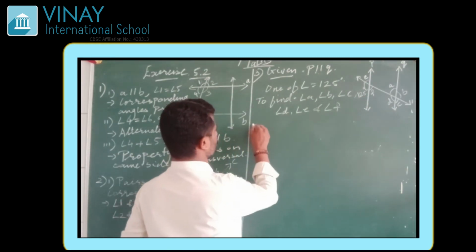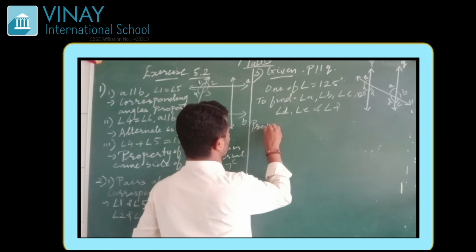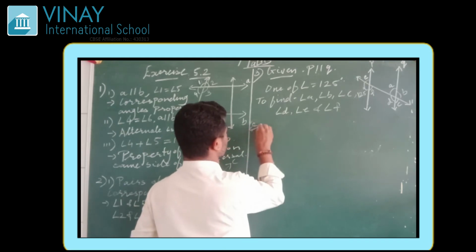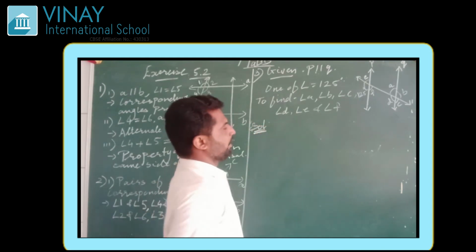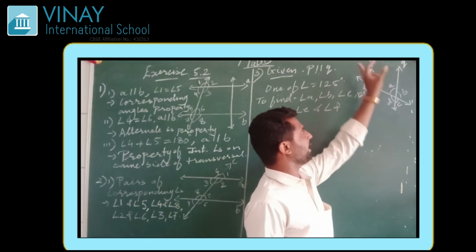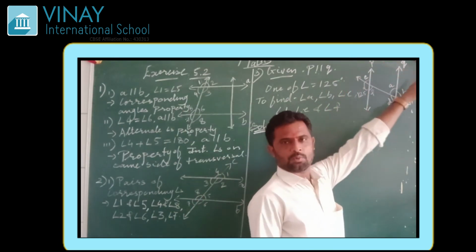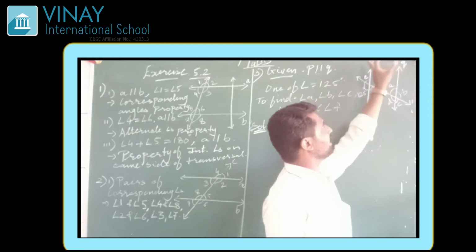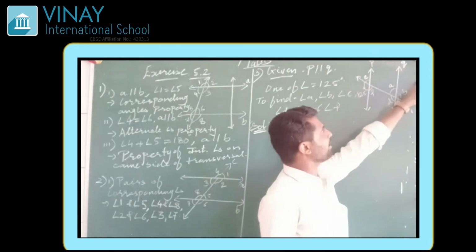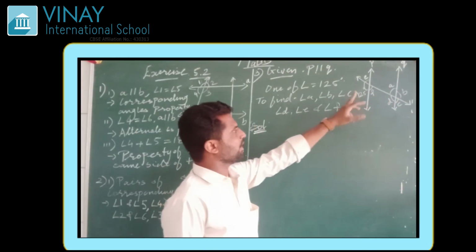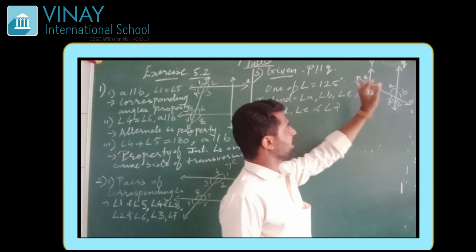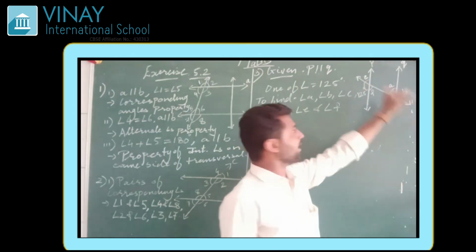Now the solution is: we know that when a transversal passes through two parallel lines, here line P and line Q are parallel to each other and this is the transversal, their corresponding angles are equal.